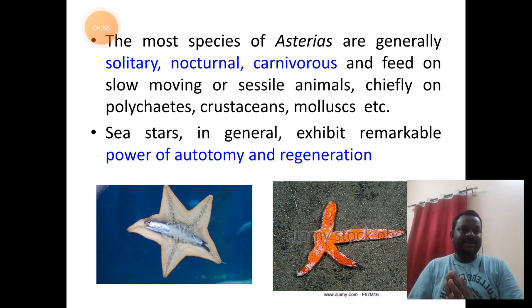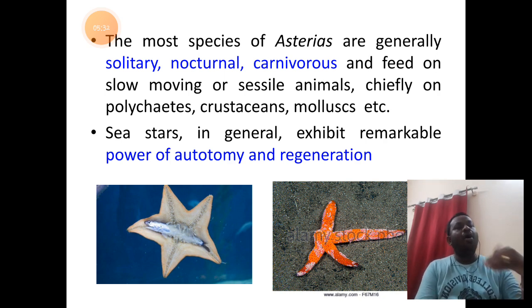The sea star generally exhibits a remarkable power of autotomy and regeneration. Autotomy is a condition wherein whenever there occurs an offending process, the organism tends to donate its arms to the enemies and it escapes from that particular region.